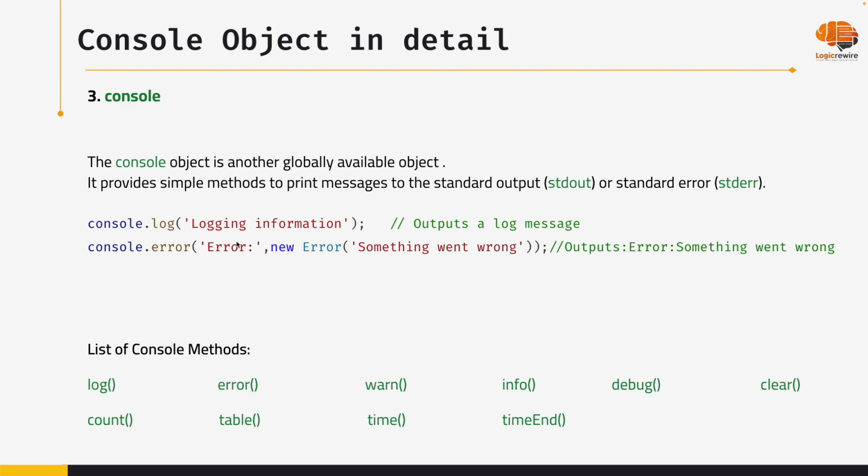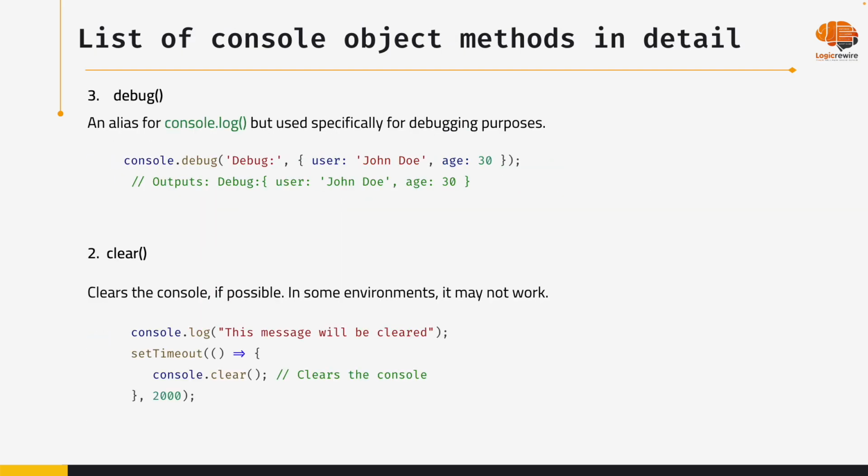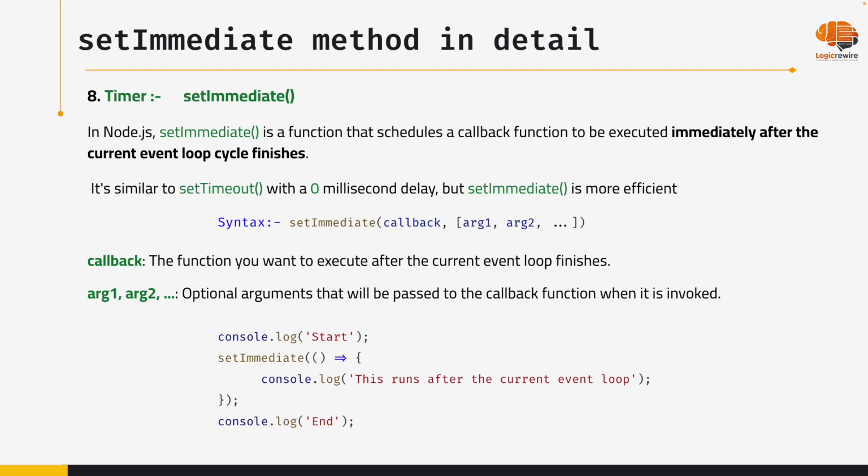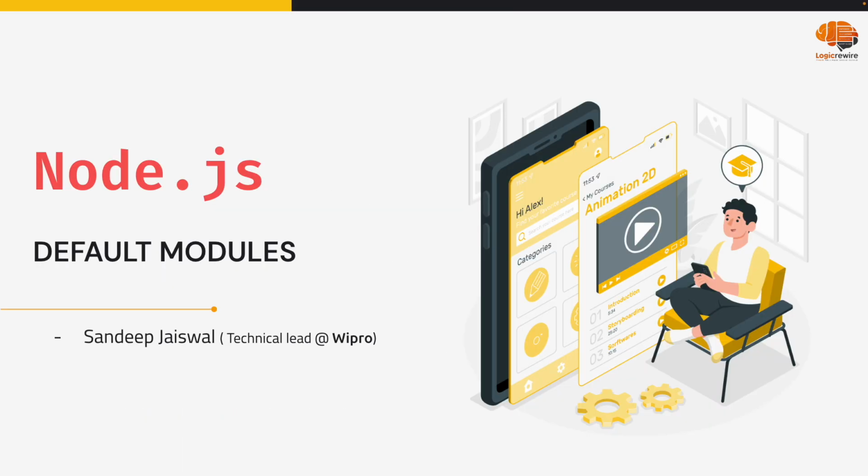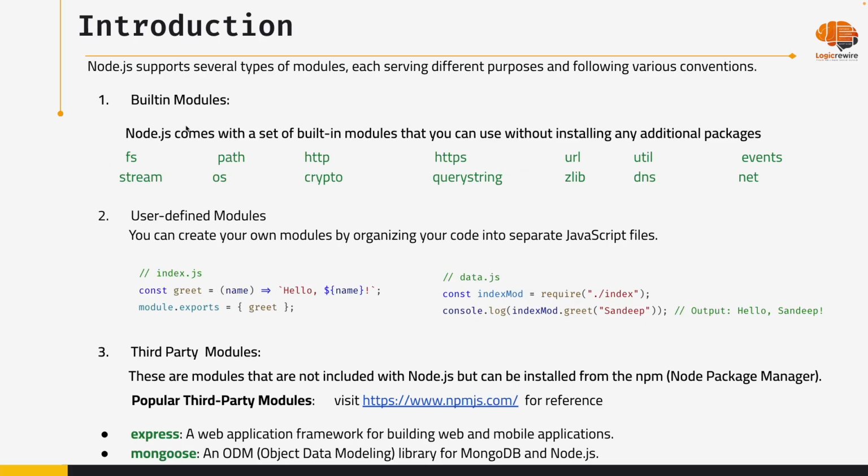You directly use it for displaying messages. In the same way, these are default or built-in modules. We don't need to install them; we can just reference them and use them.